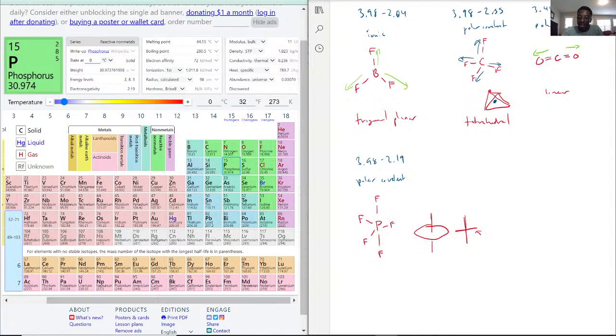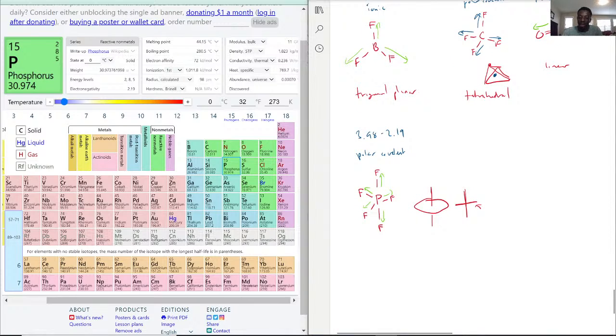And because of that, everything here is also just experiencing the same pull. All these ones cancel each other out in the X plane, and these two cancel each other out in the Y plane. This is also known as trigonal bipyramidal, okay?